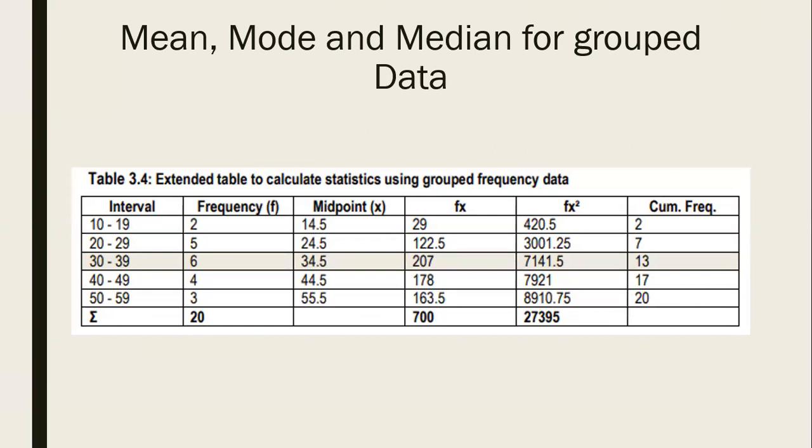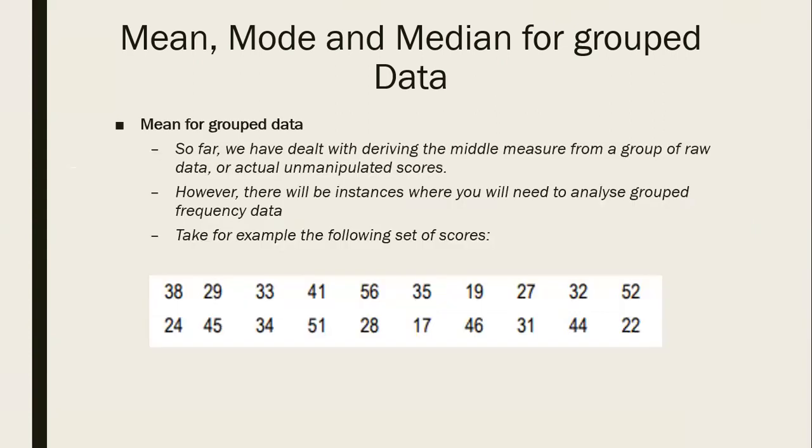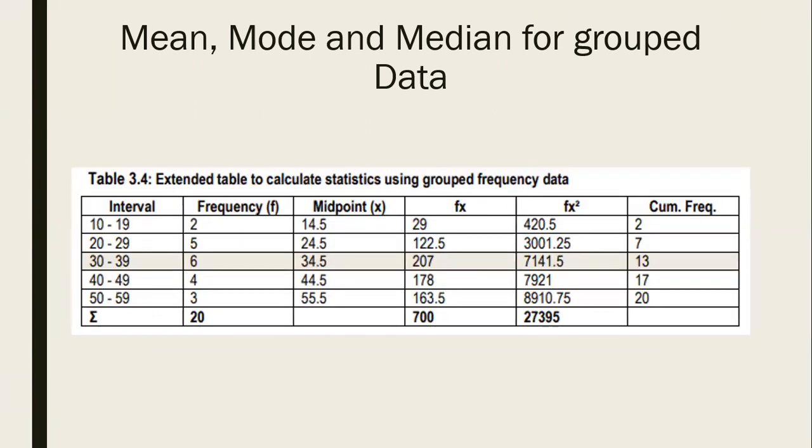Here we've got intervals. We grouped this set of scores and got these 5 intervals. We found that 2 of the people had scores within 10 to 19, then 5 had scores between 20 to 29, then 6 had scores between 30 to 39, and so forth.